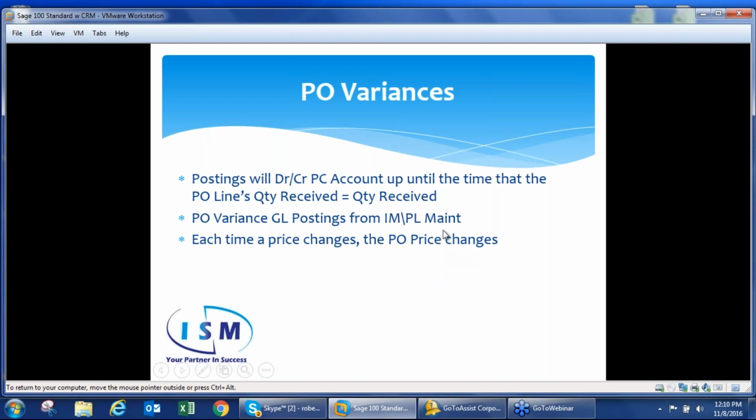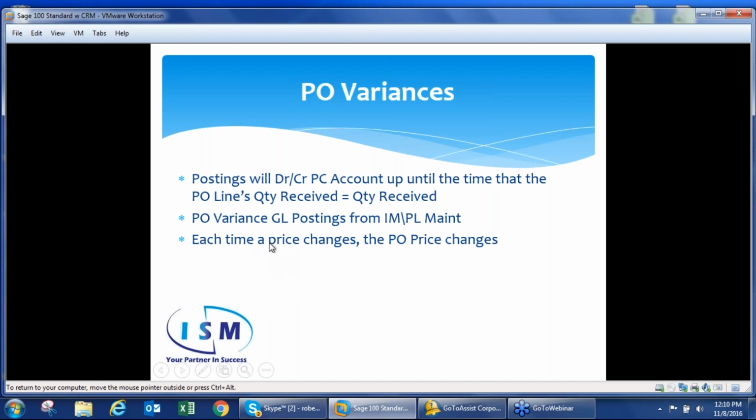And once you subsequently close that line, at that point, Sage will add up the quantity received or the amount received and the amount invoiced, and will book a variance to the GL account that was set up in product line maintenance.